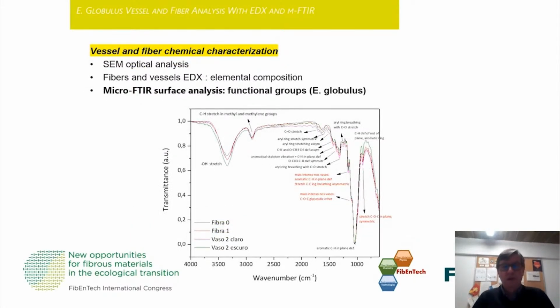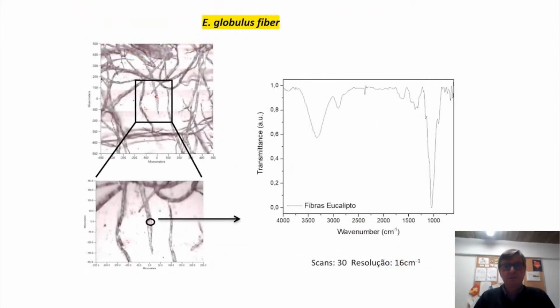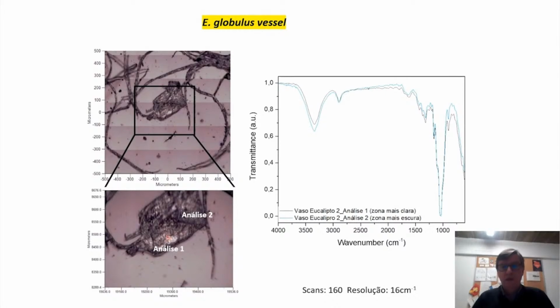Here we have the image of some of the microFTIR spectra that were done. Here we have the spectrum for a eucalyptus fiber, and here for 2 points in a vessel of a globulus.